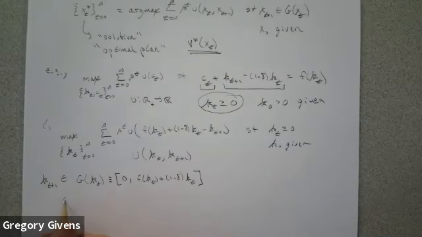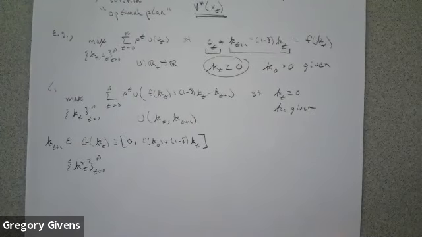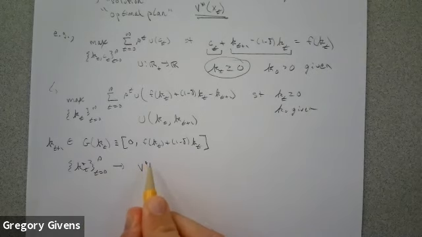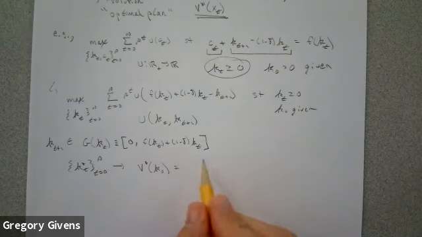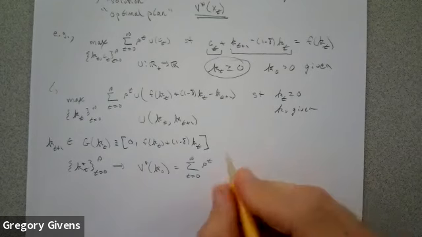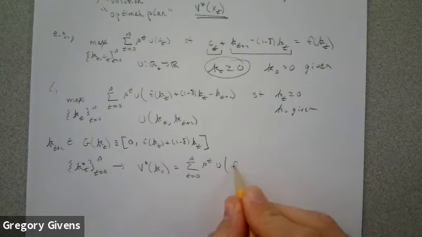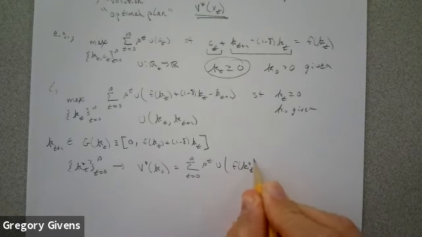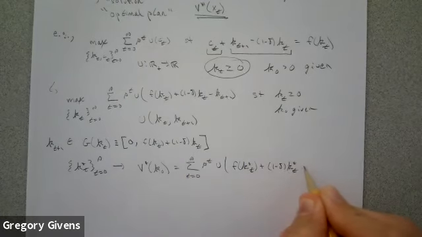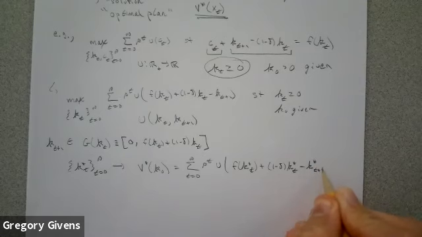Now, if we let K star correspond to an optimal solution or optimal plan to this problem, then it follows that the value function, given some initial capital stock, is just equal to the infinite sum of the discounted values of the period payoffs. f of K star t plus 1 minus delta K star t minus K star t plus 1.